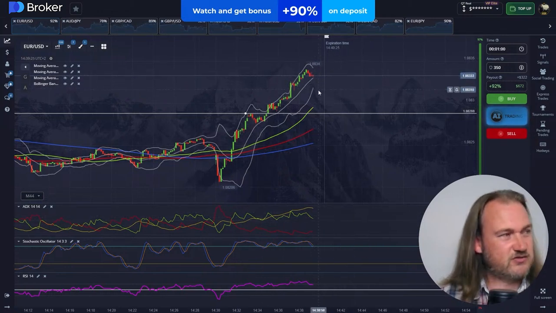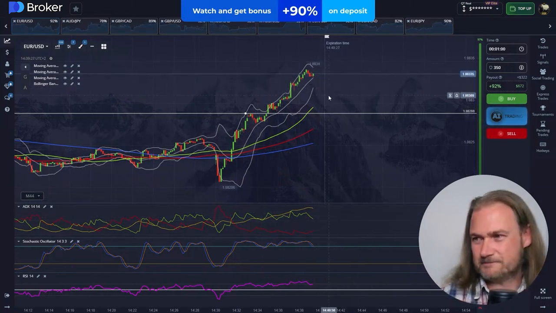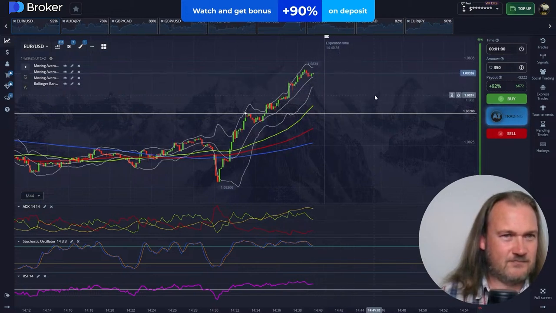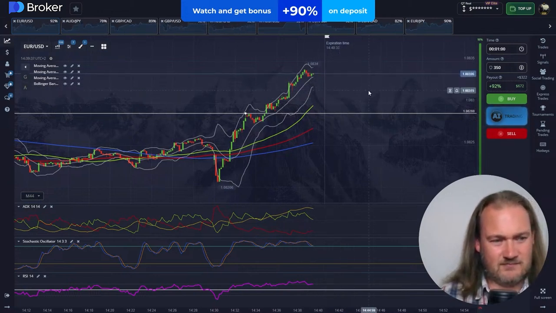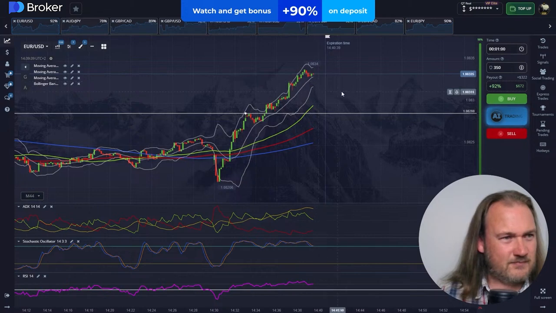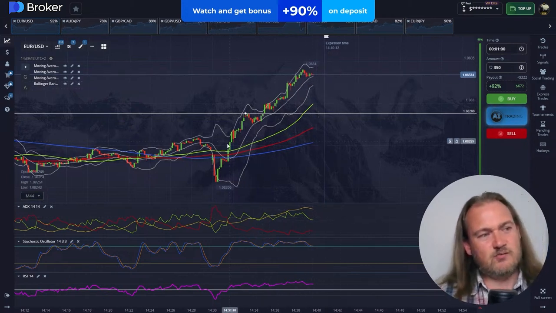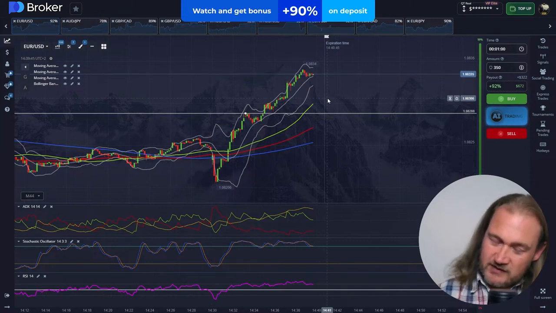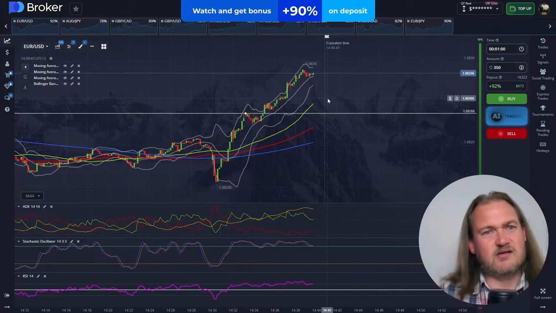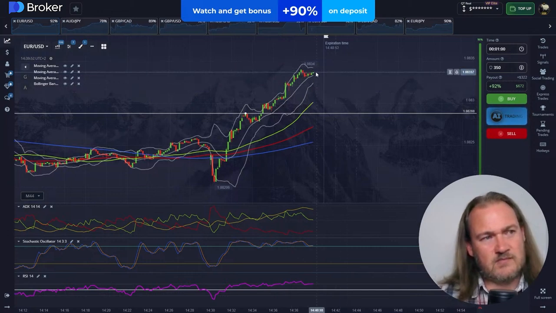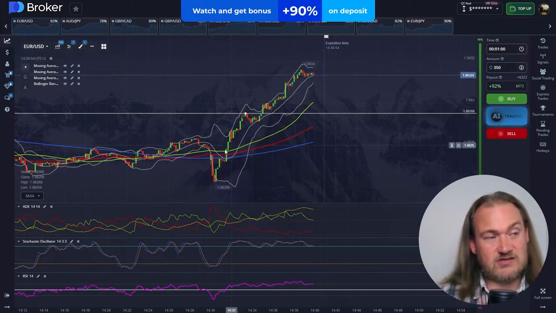We might have a correction here now, maybe. But when the ADX is running like this, and when I see a move like this, I will be very, very hesitant to take sell trades right now. This is a very, very strong push.